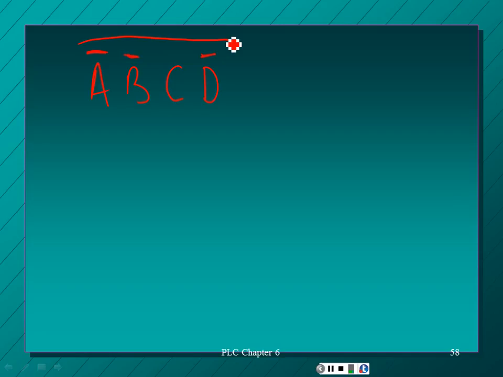So if you have something like this, not A, not B, C, not D, all inverted, there's a rule that says you can break the line, change the sign. Break the line, change the sign.